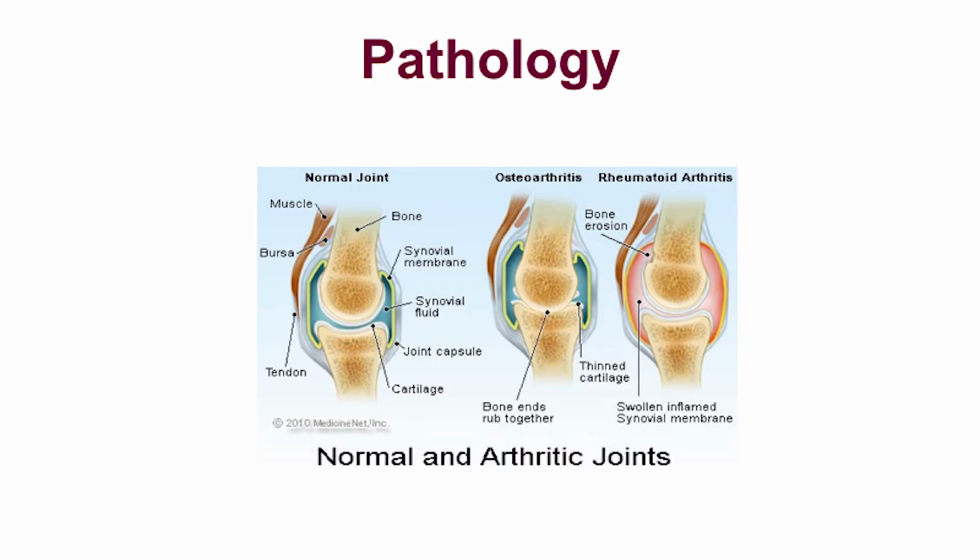Due to this additional bone growth, there is stretching of the joint capsule with swelling, and then synovitis or inflammation around the joint starts to develop, and then the whole integrity of the joint is weakened, so the muscles around the joint as well.